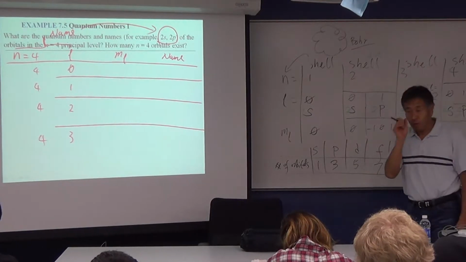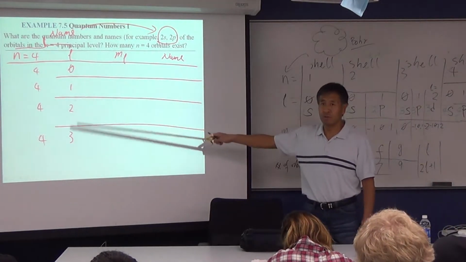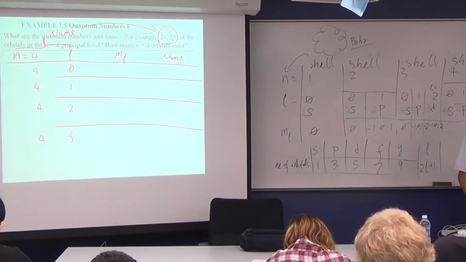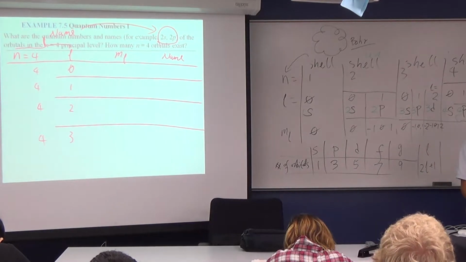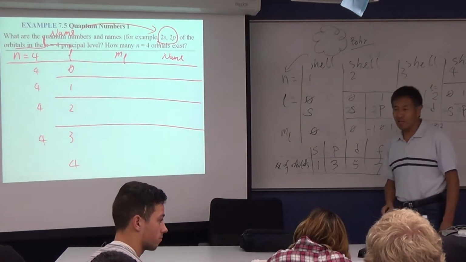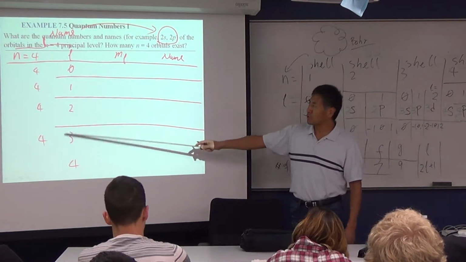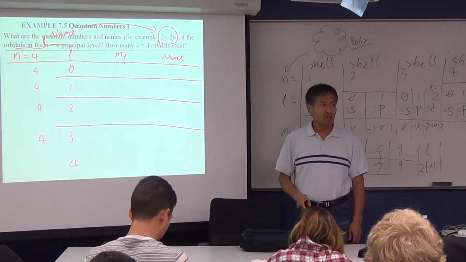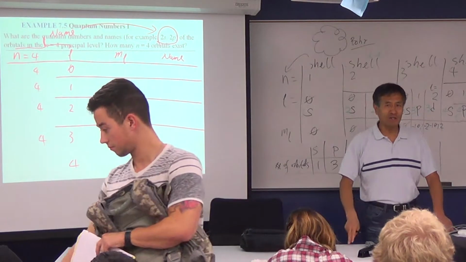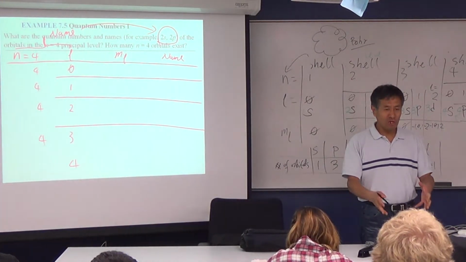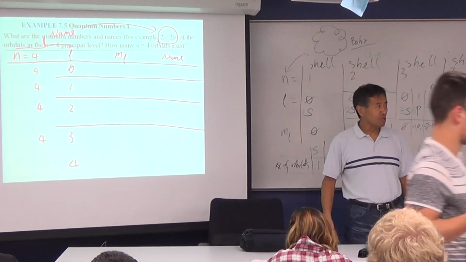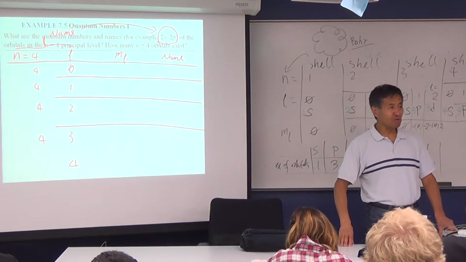So when you have n equals 4, you can have these 4 numbers for L. One thing you know for sure is you cannot have a 4 here. But what probably bothers you now is why you have all these 4 numbers at the same time. That is the reality. So all those orbitals can have the same n, but they can have a different shape.